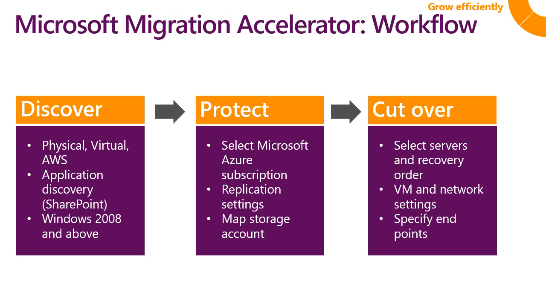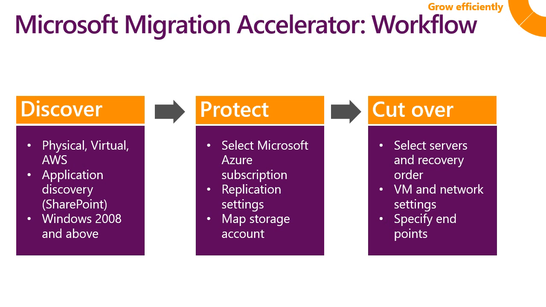So if you know that you've got applications that have dependencies on each other, such as a multi-tier, N-tier application, even something like an Exchange server, you may not really want to move an Exchange server up into a hosted environment unless you're also moving a domain controller, because you want to make sure that there's high-speed communication between the Exchange server and the domain controller. So these are the types of things that can be configured in the protection area.